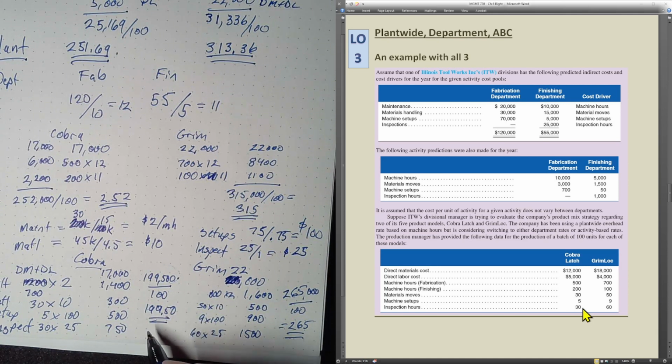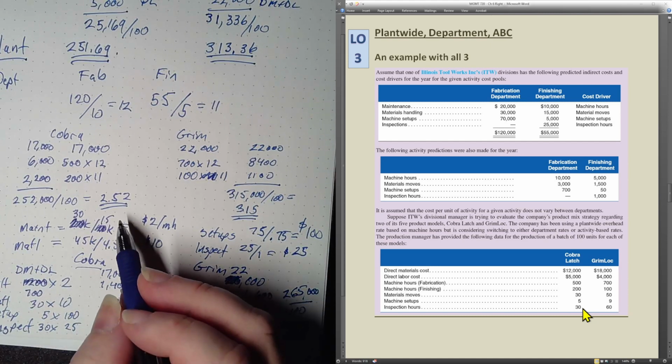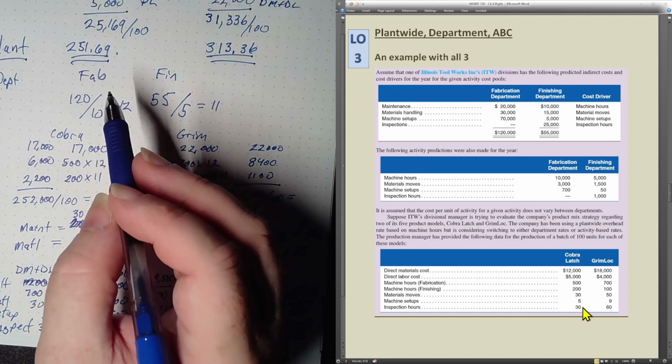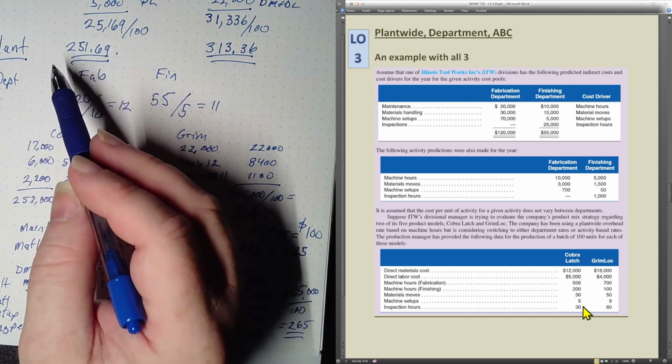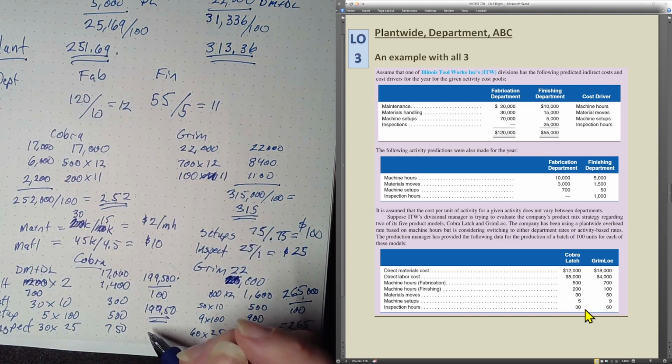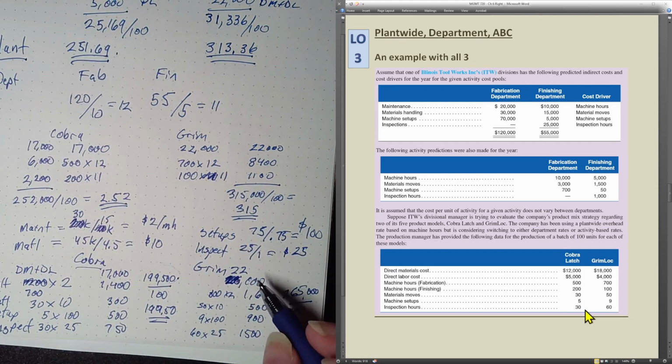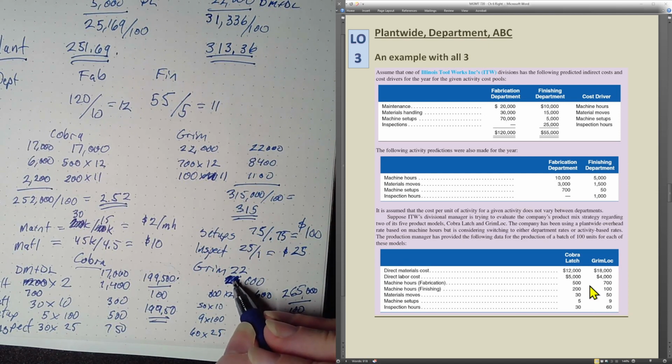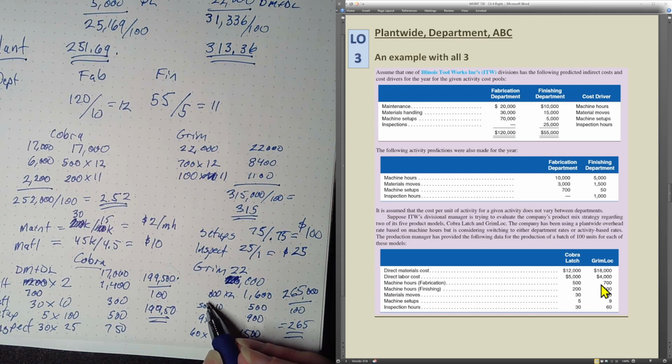And so by doing the activities, we actually gain a lot of information going from plant-wide and department to the activity. If we do it on the Grimlock, I wrote 18,000 here, but it's actually 18 plus 4, so 22,000, and we did the same thing. We said 7 plus 1, so 800 machine hours times $2 a machine hour is 1,600.